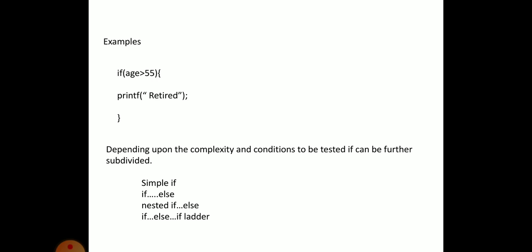So these are all different forms of the if statement. The if statement is used to check for a condition, and depending upon the complexity and the conditions to be checked in a program, we may make use of different forms of the if statement.